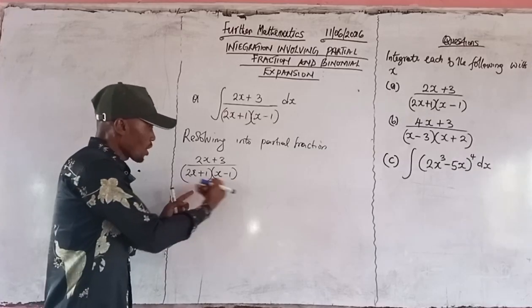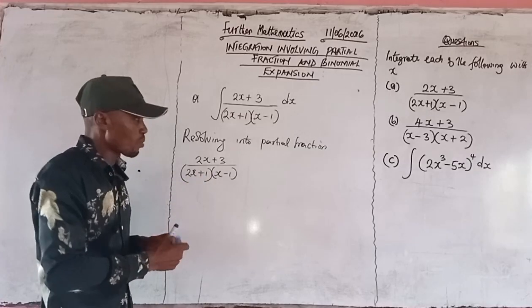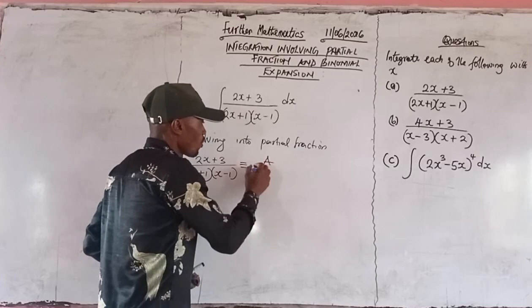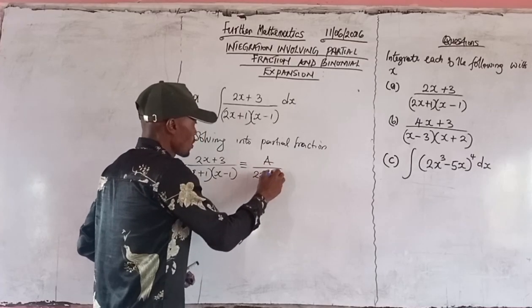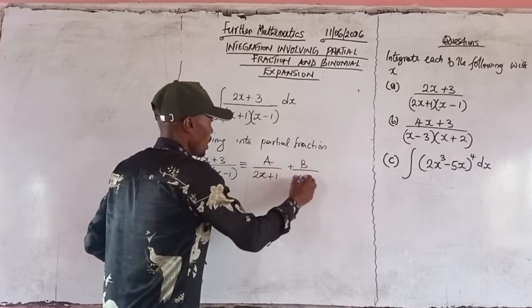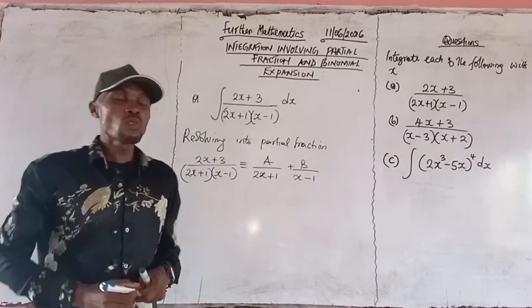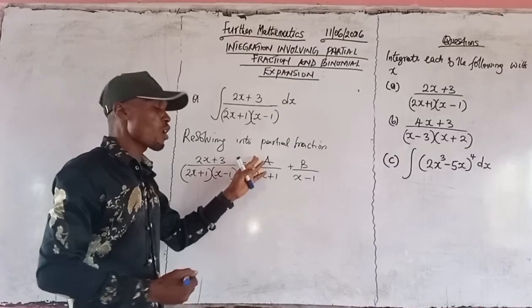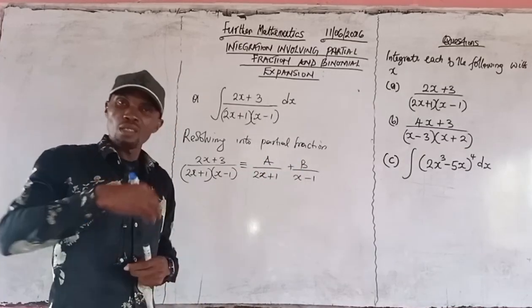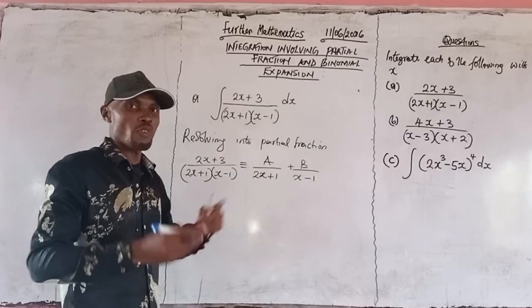So these non-repeated factors can be expressed as equivalent to A over 2x plus 1 plus B over x minus 1. So what we need to do now is to solve for A and B using either the substitution method or the cover-up method.